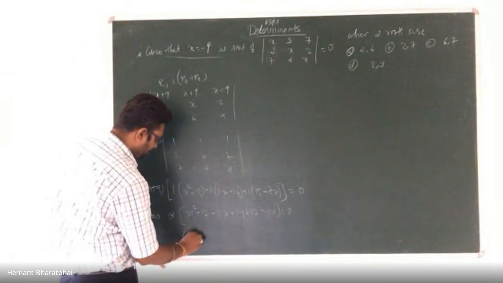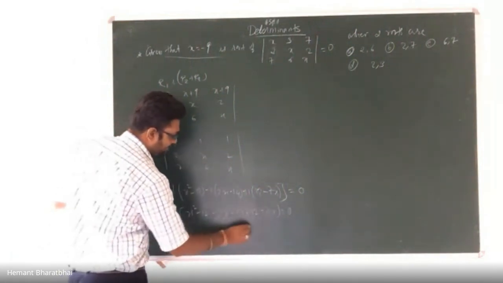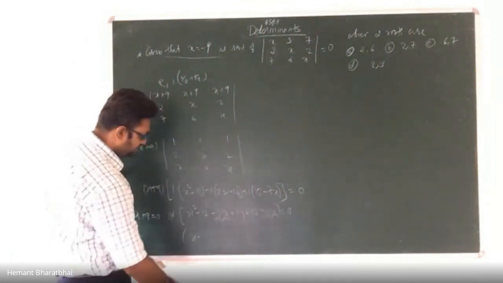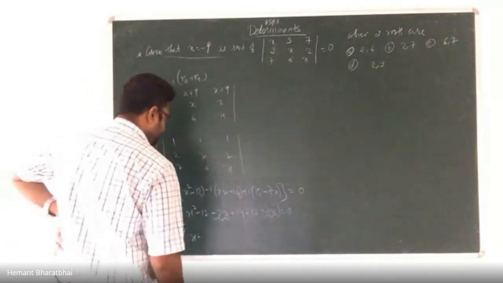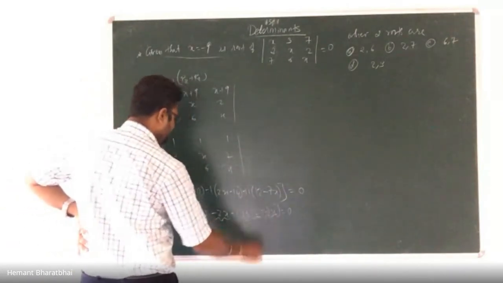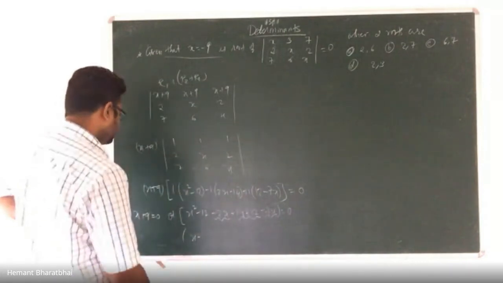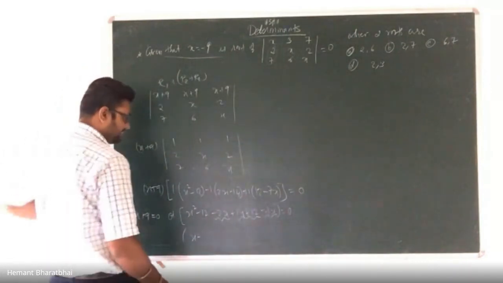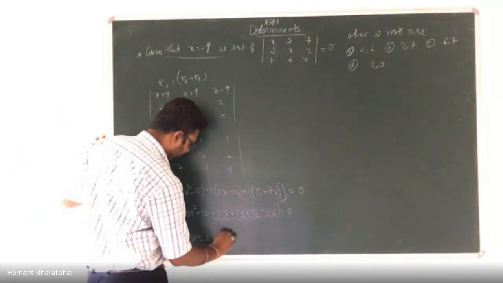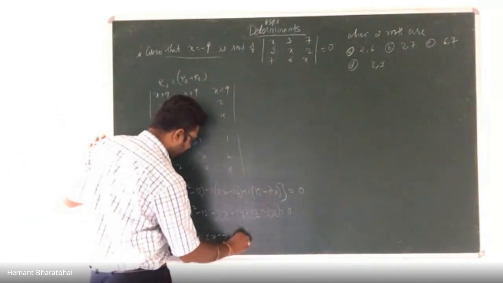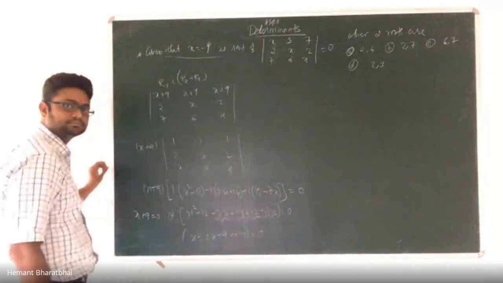So I'll get x square, minus 2x and minus 7x, and here 14 plus 12 minus 12 gets cancelled. So x square minus 2x minus 7x plus 14 equals 0.